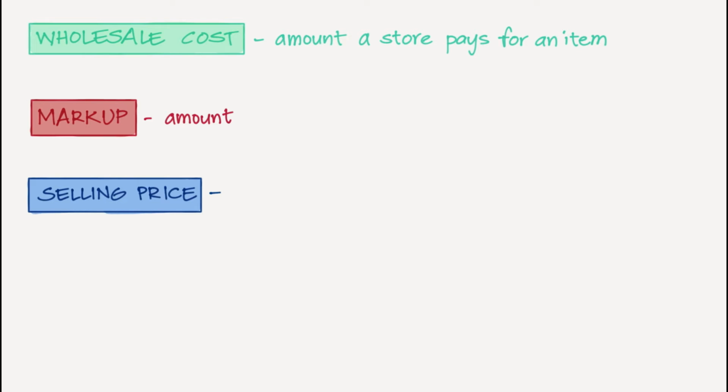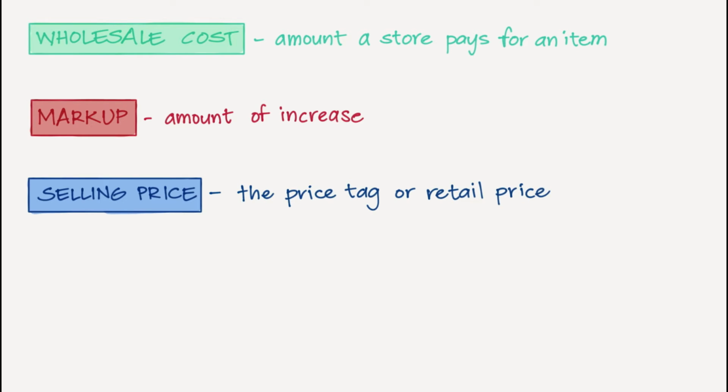Now markup is the amount of increase. So what they do is they take that wholesale cost and they mark it up, they increase the price to get the selling price. So this is the price that you might see on a price tag, or they call it the retail price sometimes. And this is what a customer is going to be paying, okay?